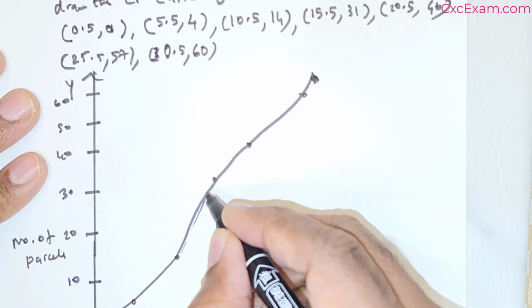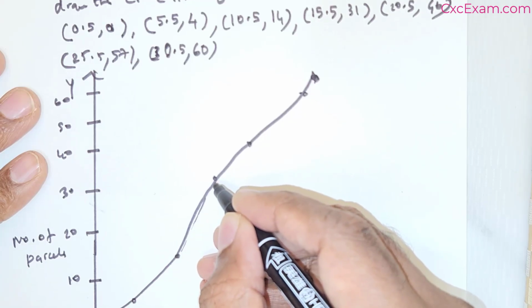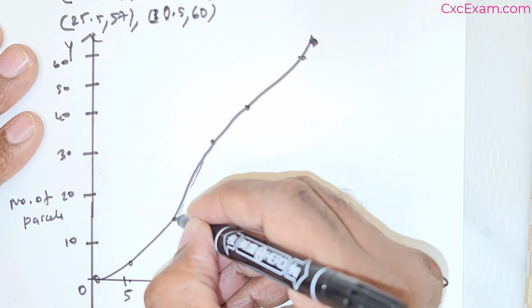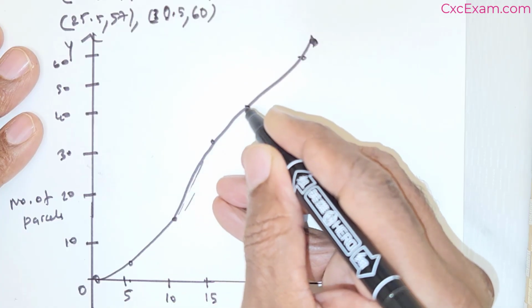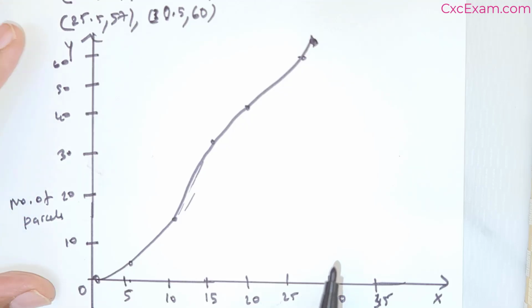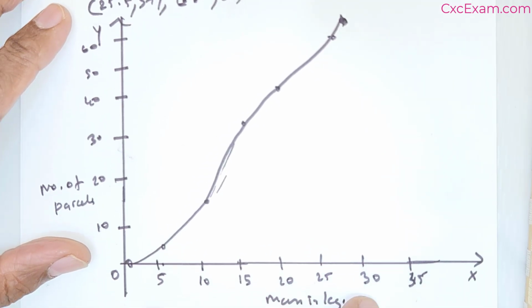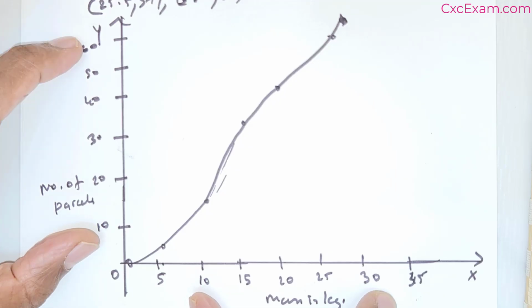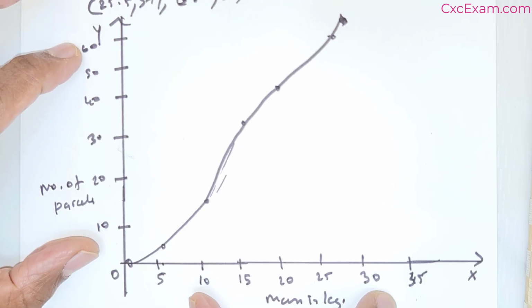Instead of going as a bump here, I could have drawn it like this. But anyway, this is the chart for the mass in kgs versus the cumulative frequency.